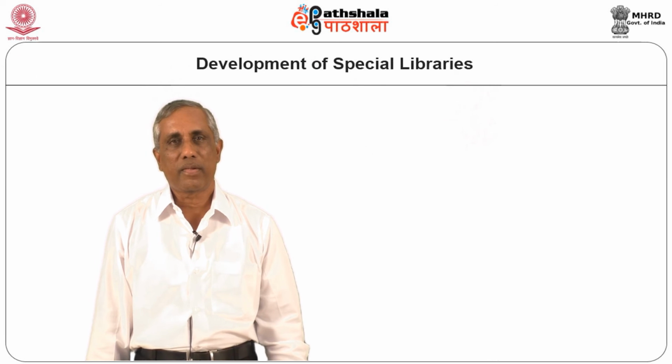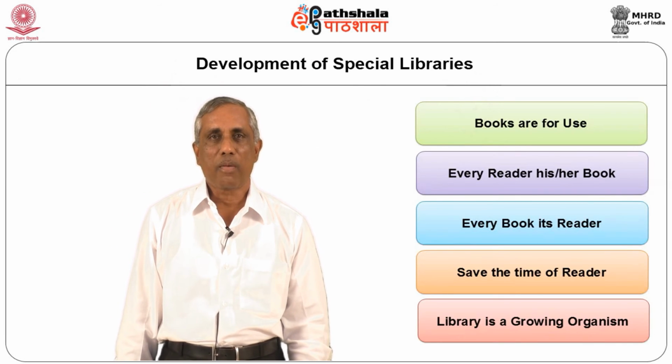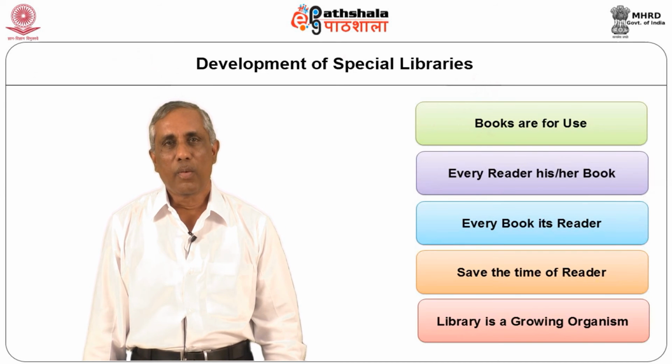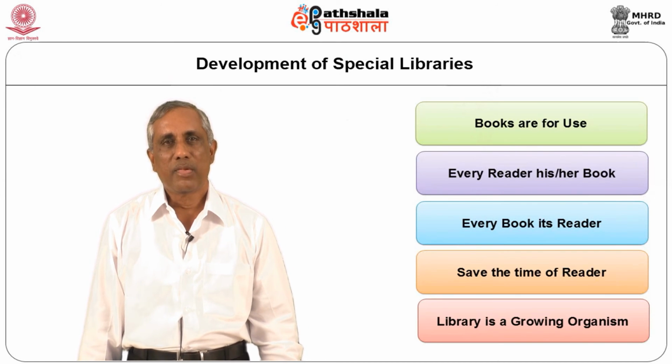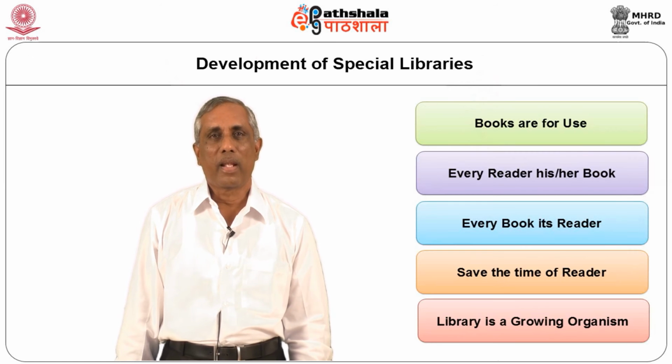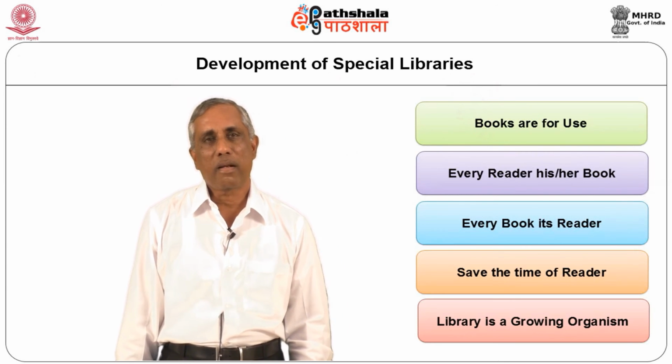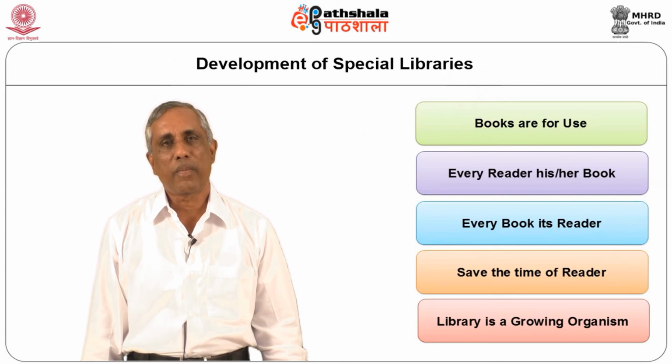The five laws of library science are: books are for use, every reader his or her book, every book its reader, save the time of the reader, library is a growing organism. These five are the fundamental laws of library and information science.